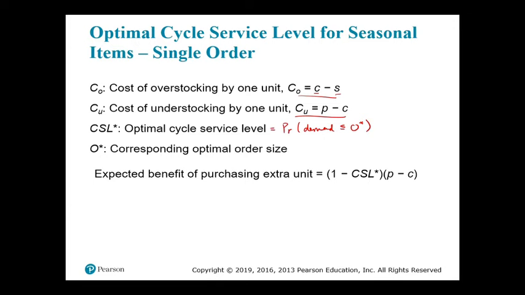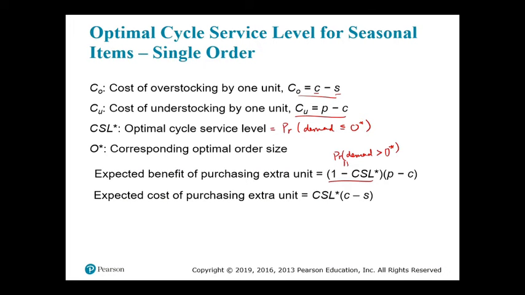Okay, so this is the probability of demand greater than O star, so that if I order one more unit, I would be able to sell it. Okay, that's that probability.